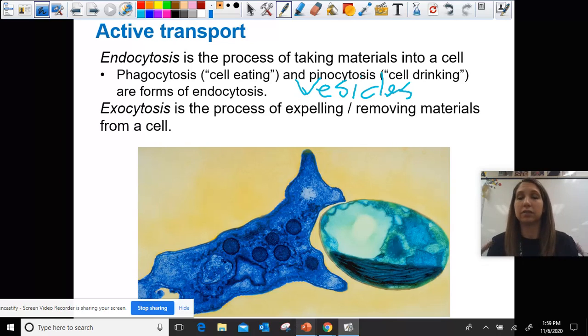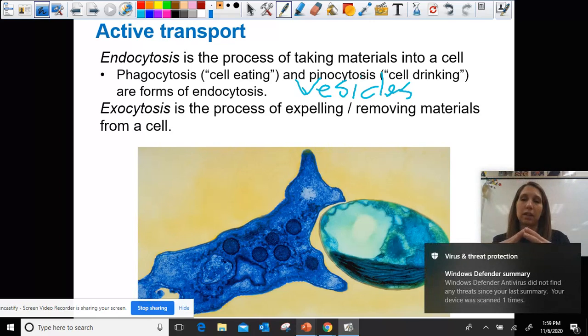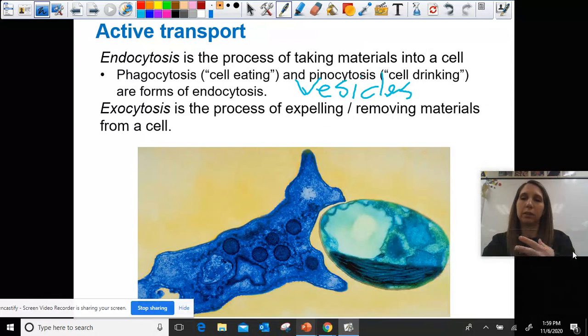The way that it works is the cell membrane reaches out and grasps whatever it is and brings it in, and that piece of the membrane that was interacting with that molecule actually becomes the vesicle itself. There are two different types of endocytosis. There's phagocytosis, and if you remember, phago means to eat, and also pinocytosis, which is to take in liquid, or cell drinking. Both require ATP, both require vesicles.